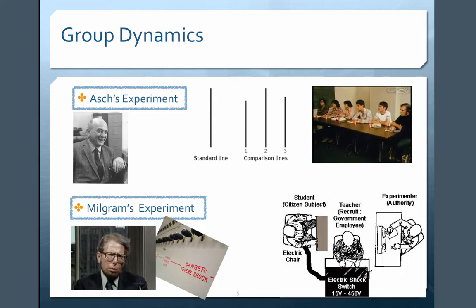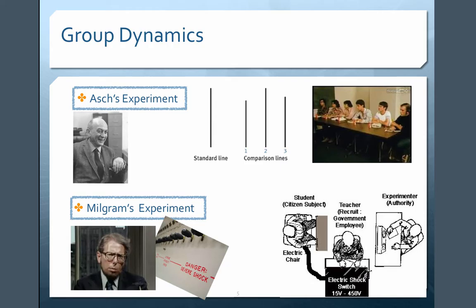When the experimenter indicated that the teacher should give increasingly painful shocks, 65% of them administered the shocks all the way to the end of the machine, which was 450 volts, which is quite significant. In fact, in some cases that would be extremely serious to one's health. So what can we learn from the Milgram study? Well, the study provides evidence that obedience to authority may be more common than most people would like to believe.